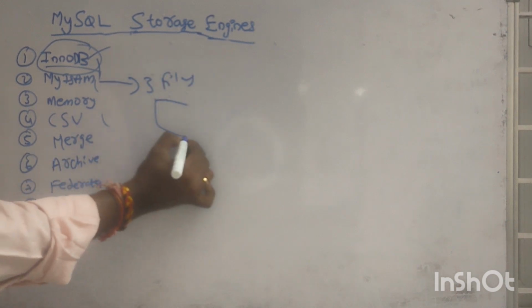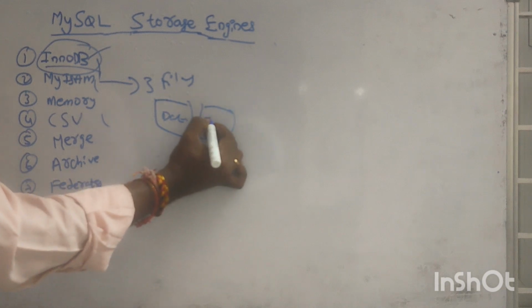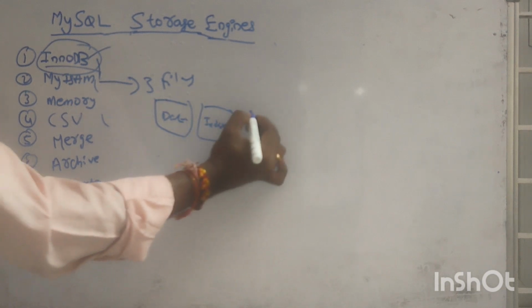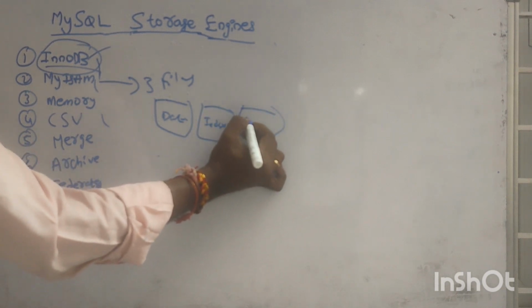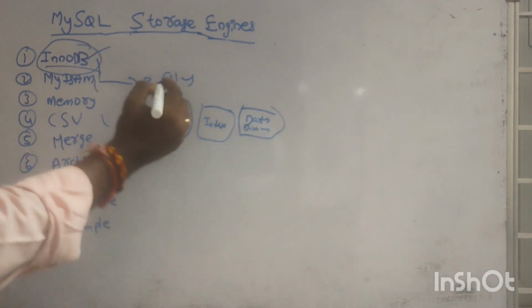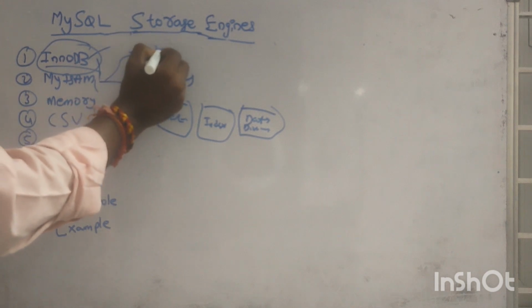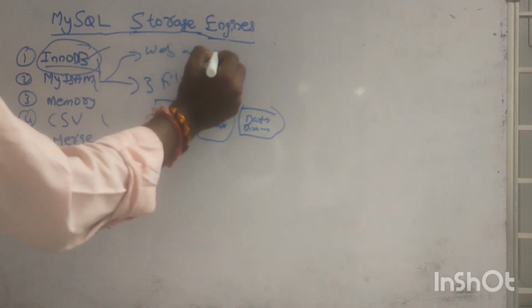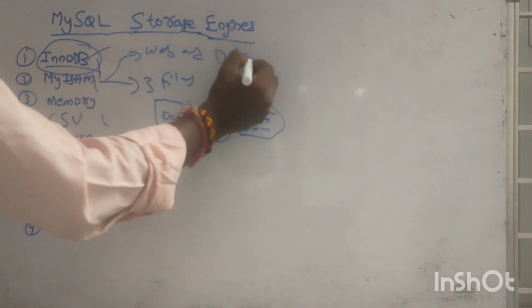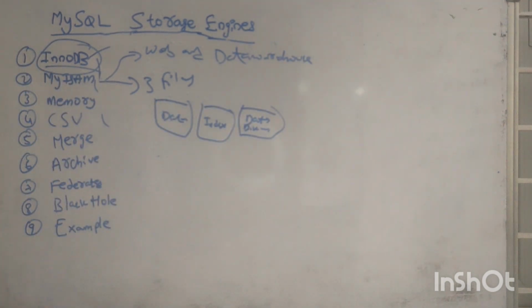One is for data, one is for index, and one is for the data dictionary. And it is used for web and data warehouse applications.